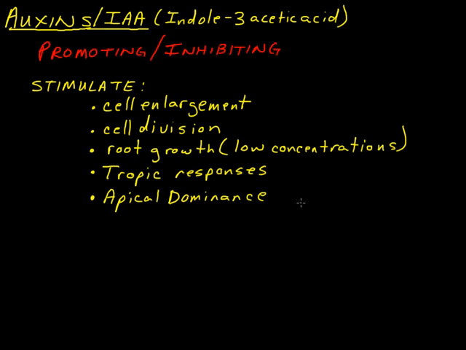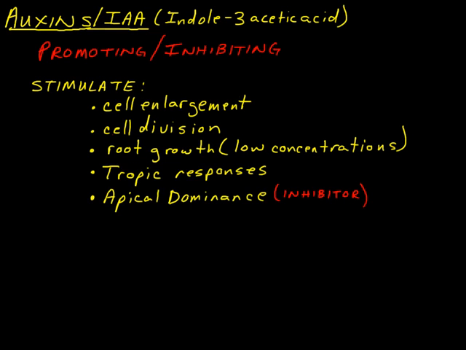And so this is the big exception, and this is where we think of auxin as being a growth inhibitor, because at very high concentrations, they have been shown to actually inhibit the growth of things like subapical meristems. And so there's that dual nature. These we would all consider pretty much positive growth, but this would be more of a negative growth factor, and so that's where it gets the promoting or inhibiting label.